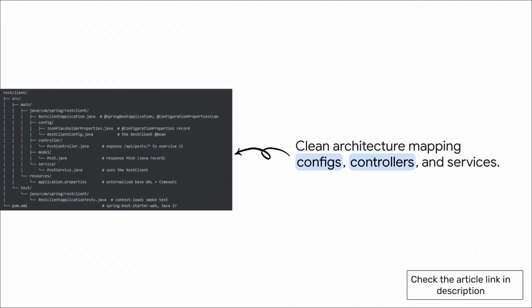We have a controller package for our PostController to expose our API endpoints, a model package holding Post.java, which is our response POJO constructed as a sleek Java record, and a service package containing PostService, which actually executes the RestClient calls. Finally, down in your resources folder, you'll find your application.properties for externalizing URLs and timeouts. It's a perfect, clean architecture.